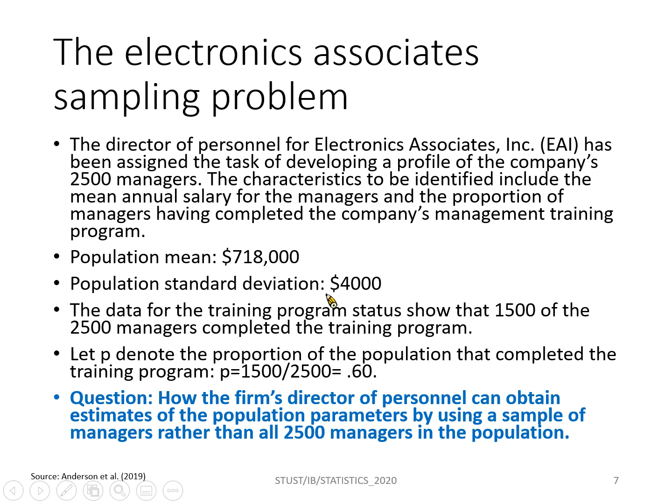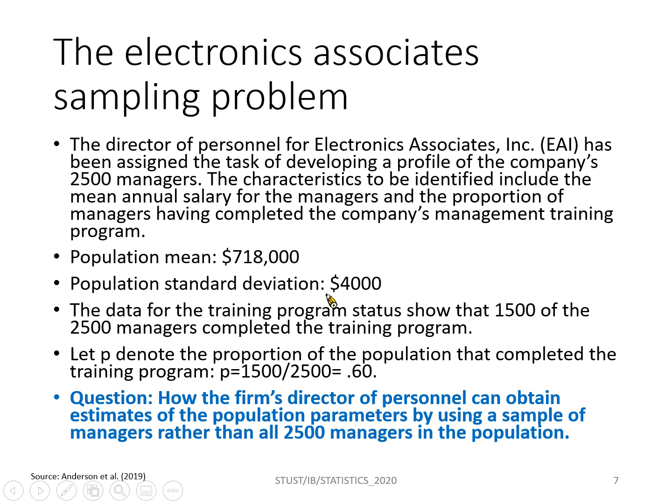This is an example question from our textbook, and it's about the Electronic Associates. Electronic Associates, Inc. has been assigned the task of developing a profile of the company's 2,500 managers. The characteristics to be identified include the mean annual salary for the managers and the proportion of managers who have completed the company's management training program.